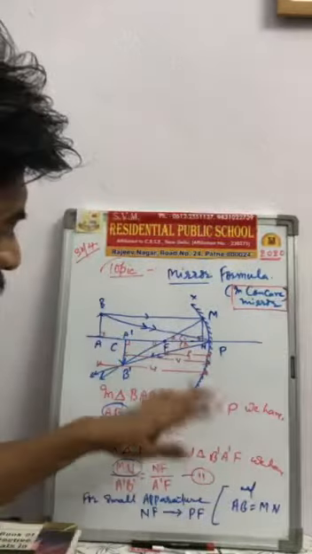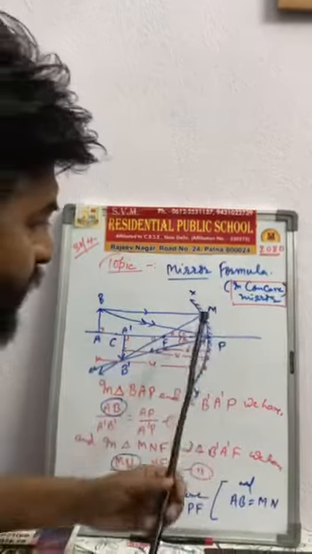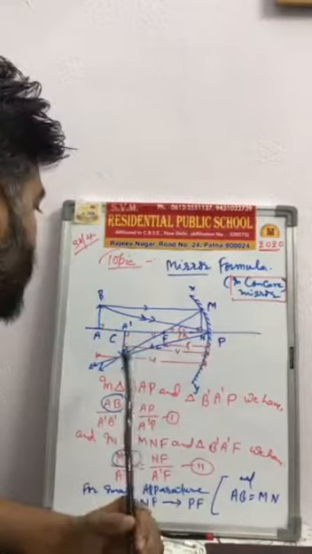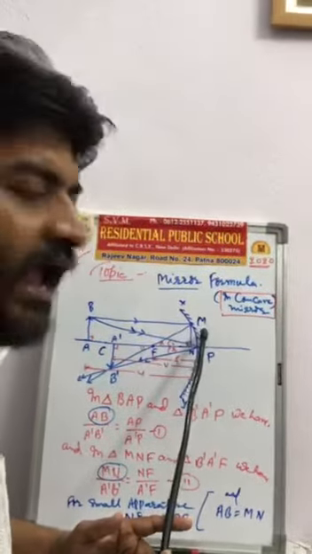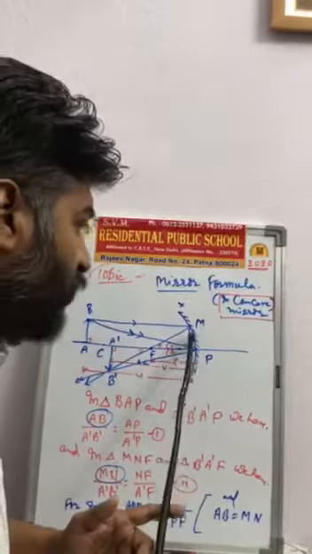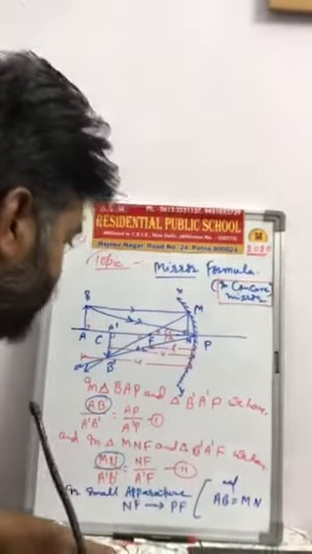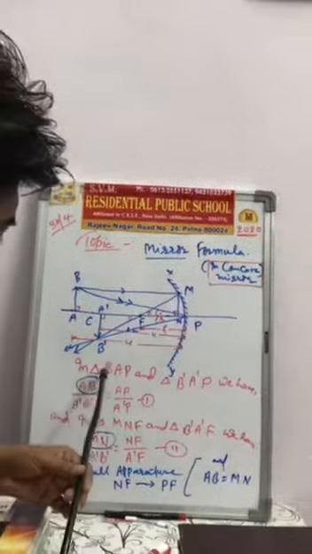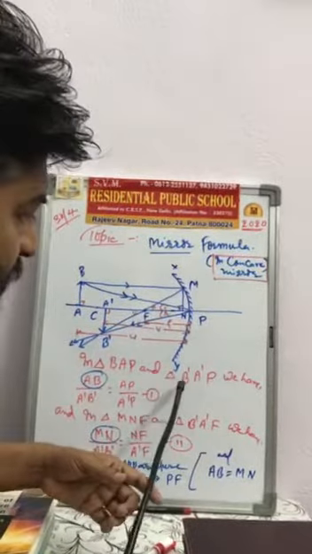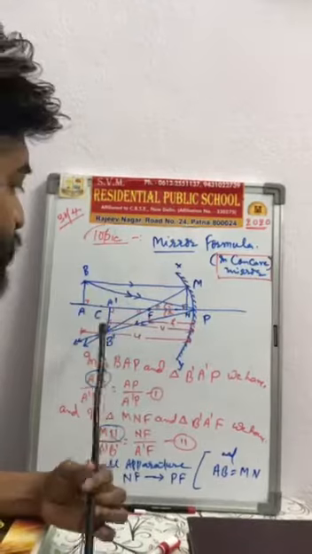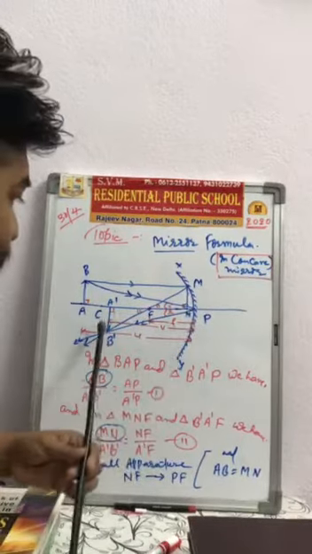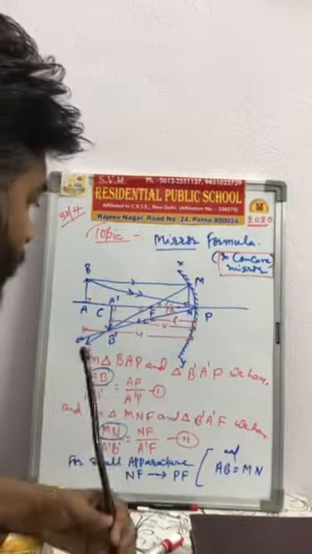Now, just see the construction. From the point of incidence, that is M, we take a perpendicular MN on the principal axis. Now triangles BAP and B'A'P are similar. Why?